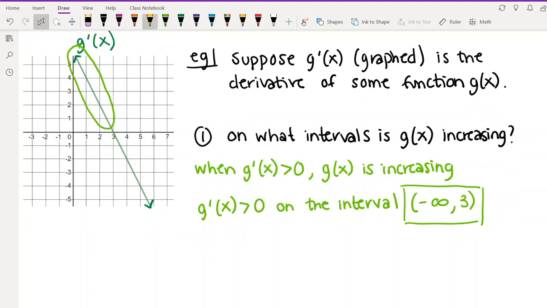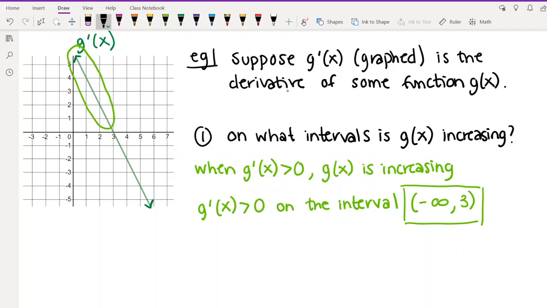So, for example, if you were to look at, let's say, this point here, we can see that the point 2, 2 lies on the graph. And so that tells us that whatever the original function g of x looks like, the slope of the tangent line at x is equal to 2 is 2, because that's the height on our derivative function. And the slope at x is equal to 1 of our original function is 4, because that's the point that lies on the derivative, 1, 4.